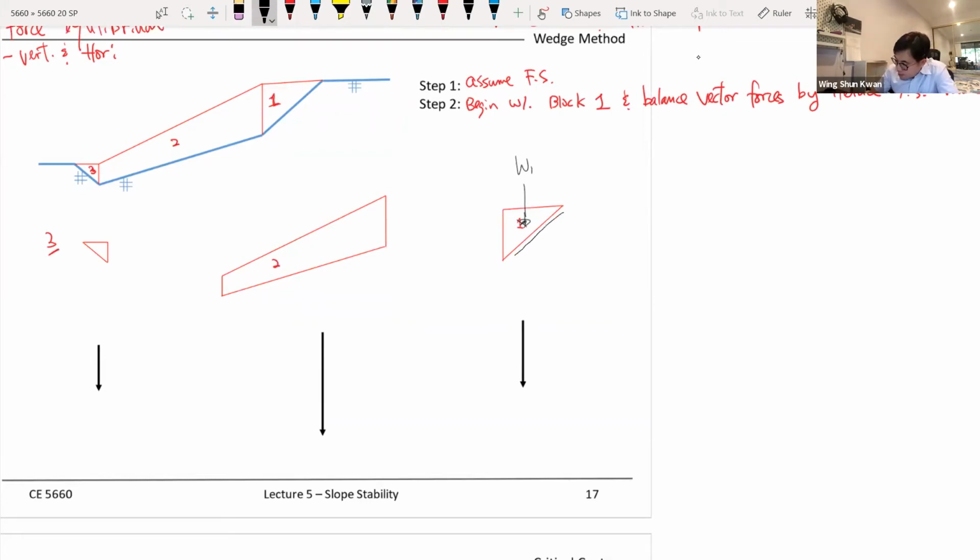And it has a friction force against the bottom of the slides. And you will have a normal force adding up against the slip surface. And in between slides, there will be a resultant force. So this is block number 1 adding to block number 2.